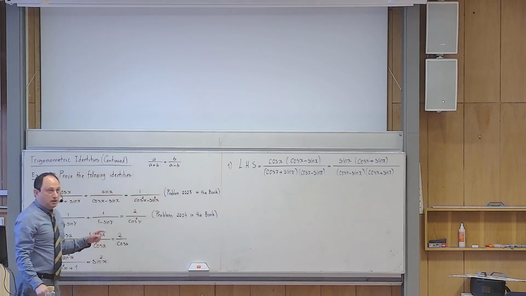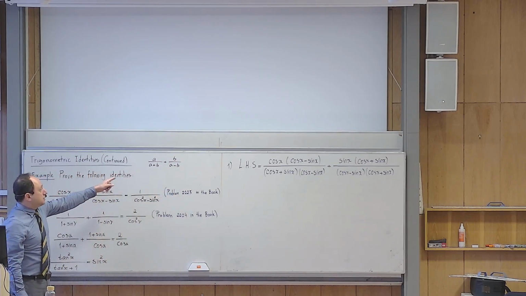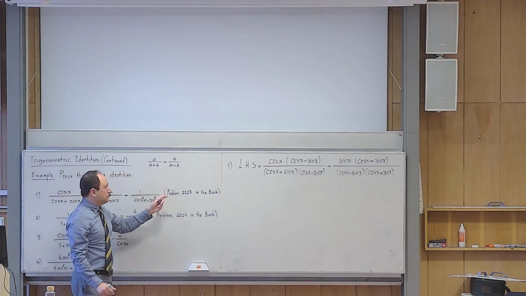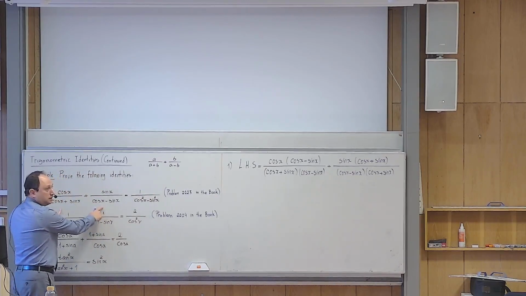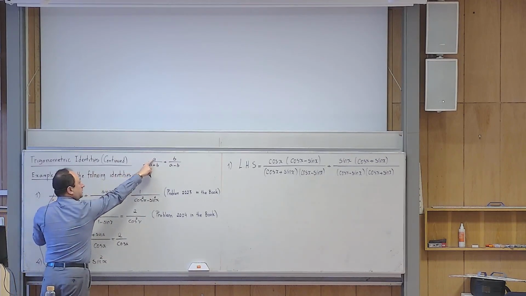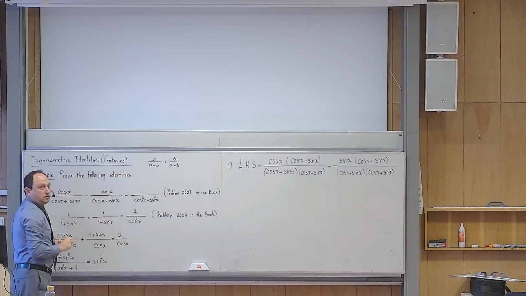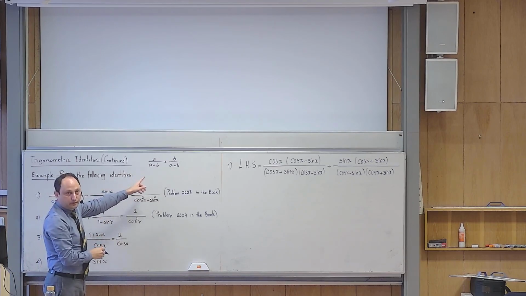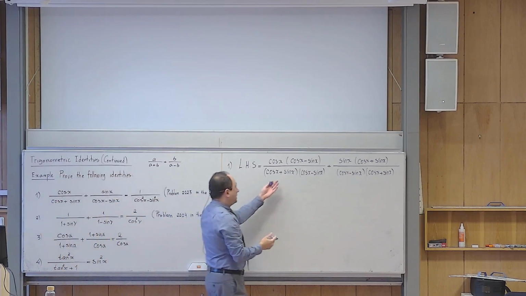If you have problems solving this, this is a Math 3C problem. So take the common denominator. Here it's the same problem, the only difference is that cosine x is playing the role of a, and sine x is playing the role of b. This problem is exactly that problem. So that is what I'm doing here.